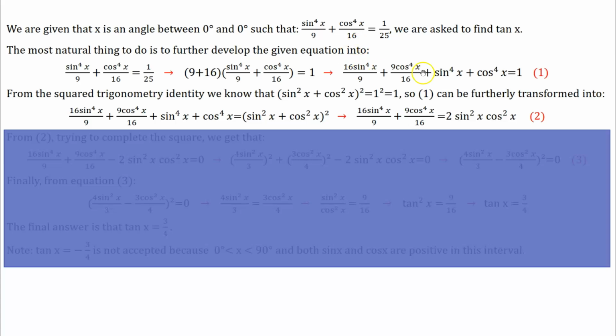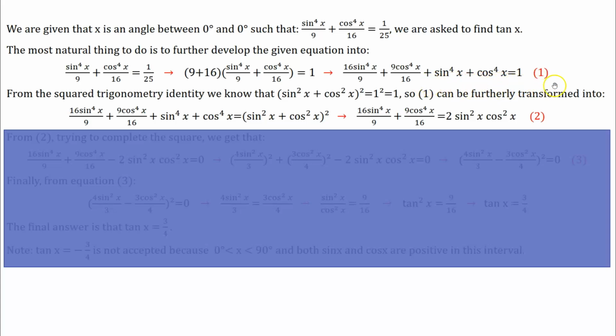Now, in order to simplify matters in this equation, we will use the trigonometric identity, namely that sine of x squared plus cosine of x squared is equal to 1, but we will square both sides of this identity because it might come much more handy in order to have a better solution to this equation.